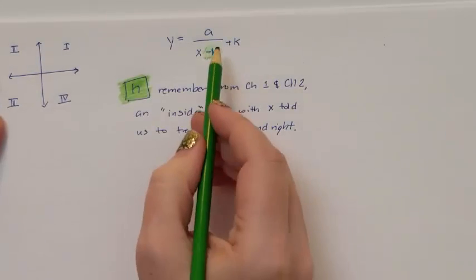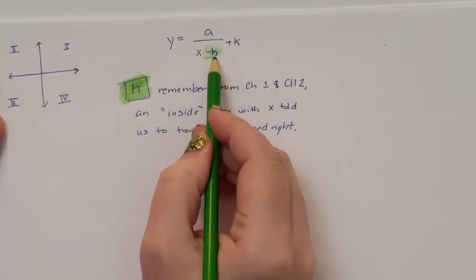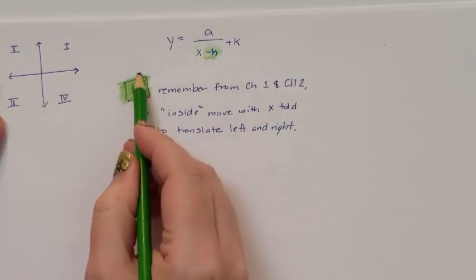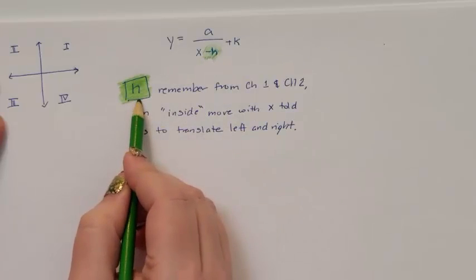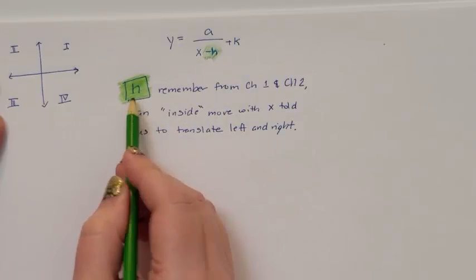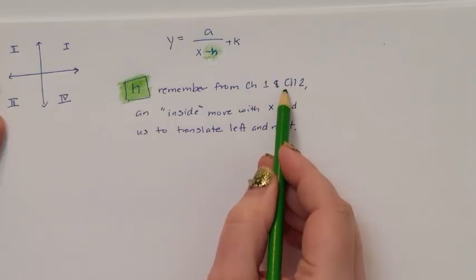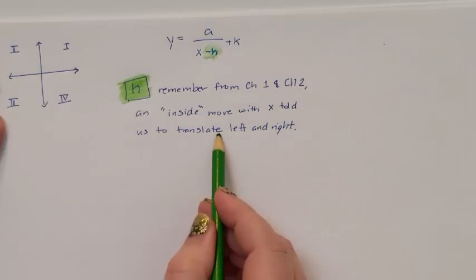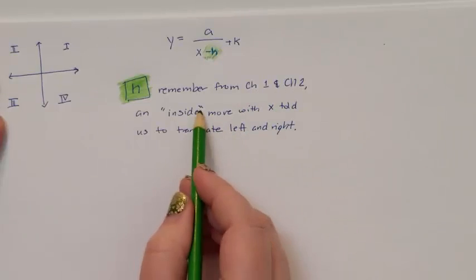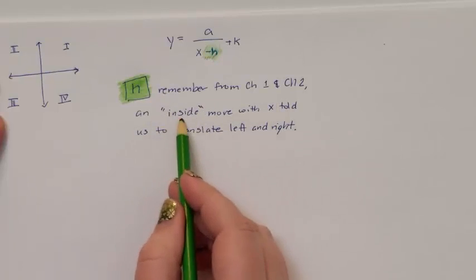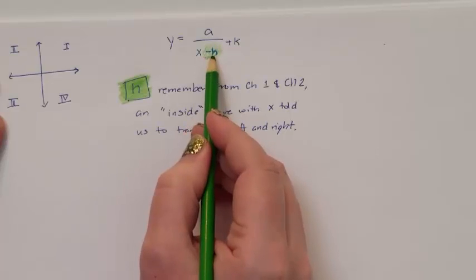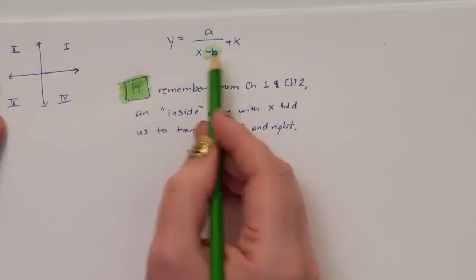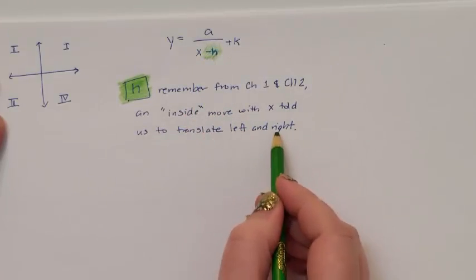The first thing we're going to talk about is this h right here. I colored h green so we could help identify it when we were working with it today. Anytime I use green, it'll be a reference to h. Do you remember back in chapters 1 and 2 when we were trying to translate graphs left and right? It was an inside move with the x. If you had an inside move with the x, it told you that we were moving to the left or to the right.